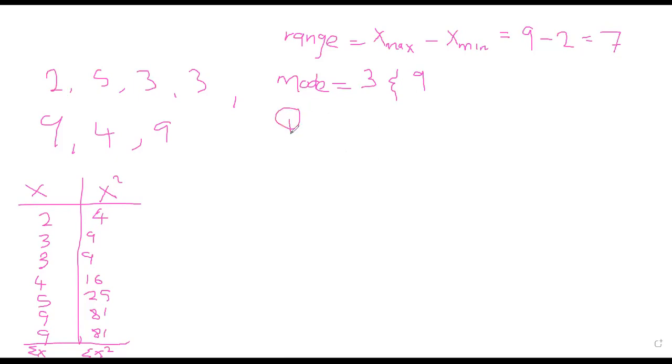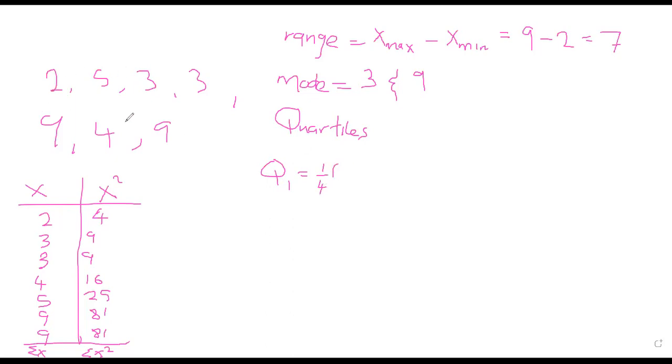Then we have what are called the quartiles. We have 3 quartiles. We have the first quartile, which is called Q1. It gives you the position, simply a quarter of n plus 1. So n is the number of the elements.